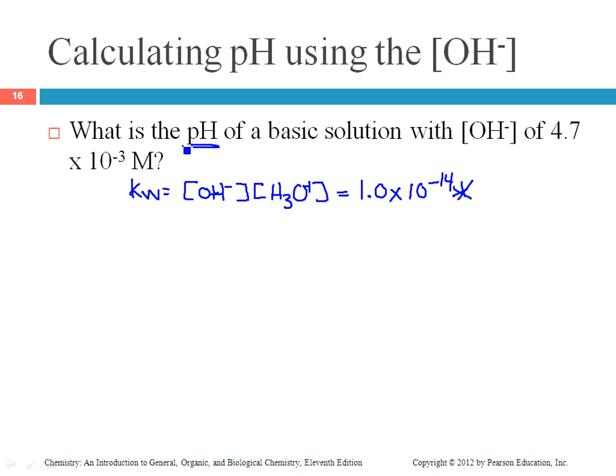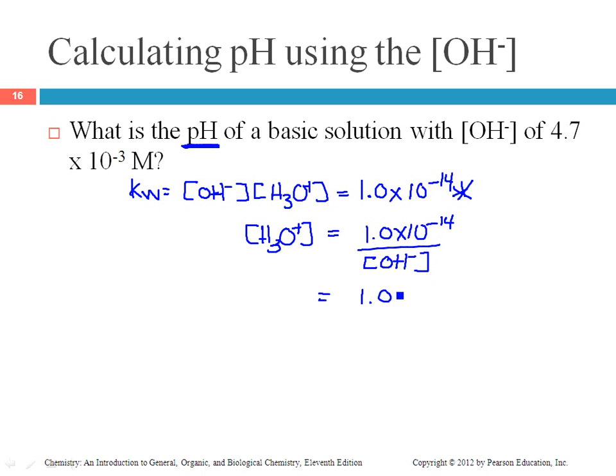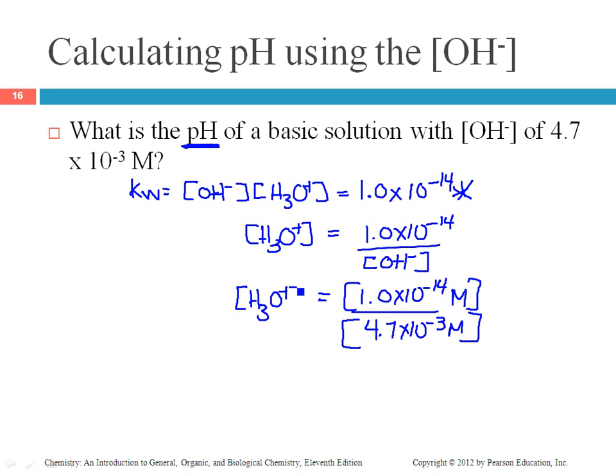So we need to know pH. This is going to be a two-step process. We're looking for hydronium concentration, so we're going to isolate it by itself. Now we're going to plug in the hydroxide concentration, and this is going to give us the hydronium concentration.